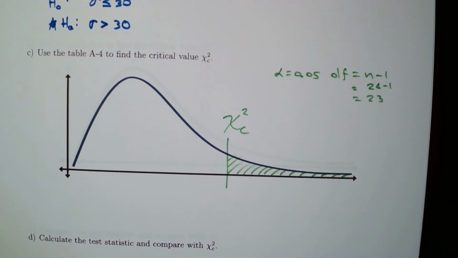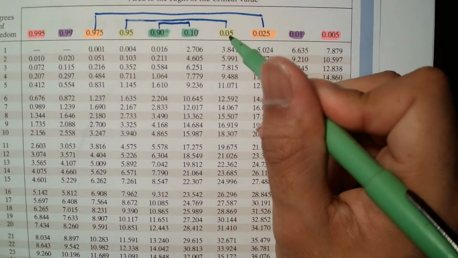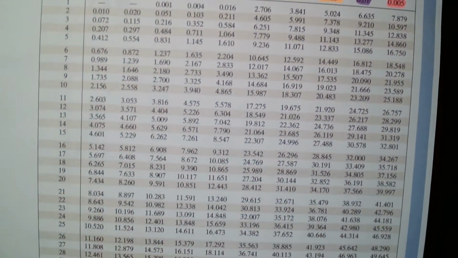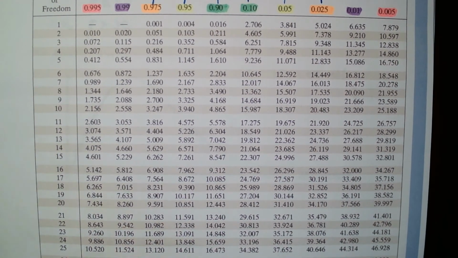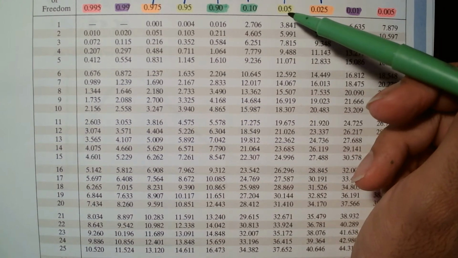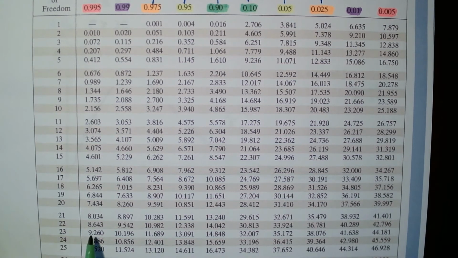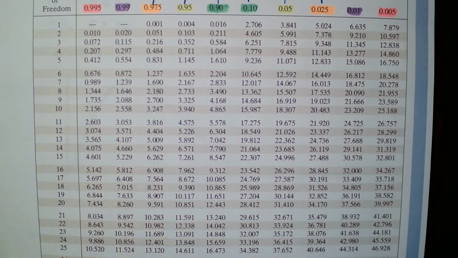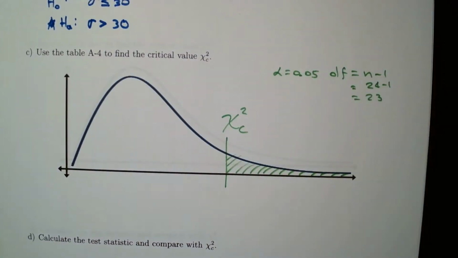So I'm going to go to the table, 0.05, and degrees of freedom all the way to 23. It's going to be a little bit hard to read. Well, 0.05 this column, and 23 is right here. I'm going to go 23, and this is going to be 35.172. This one right there.